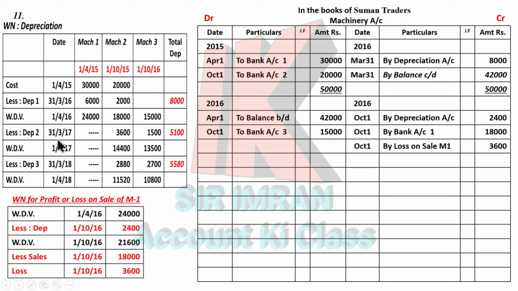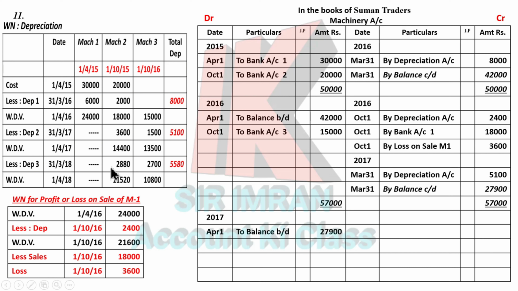Now we move to the last date of the second year, 31st March 17. We have to write depreciation 5,100. The year was changing, so write 2017 and then total depreciation 5,100. Now the second year is complete, so we close the second year with 57,000 on both sides. Add the four credit items and subtract from 57,000, so the closing balance of the second year is 27,900. And this will be the opening balance for the third year, 1st April, balance brought down 27,900. Now we are in the third year.